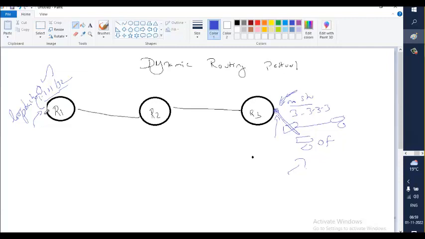So you will see a routing protocol called OSPF. Even when I make a mistake like /24, OSPF will say no. I'll advertise it as /32 because you are giving it from a loopback interface.